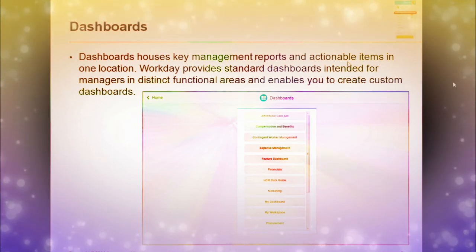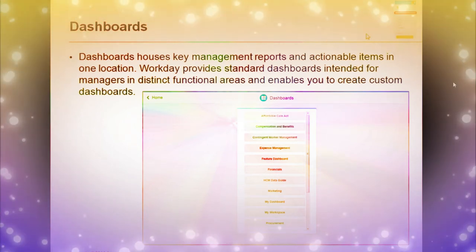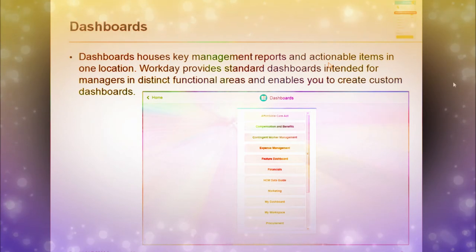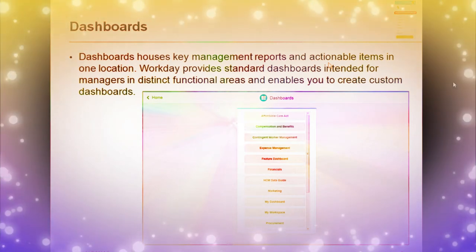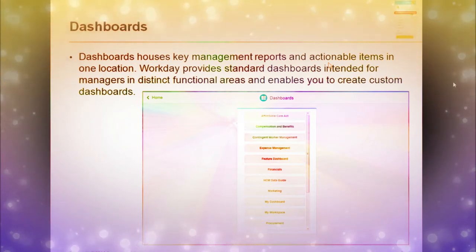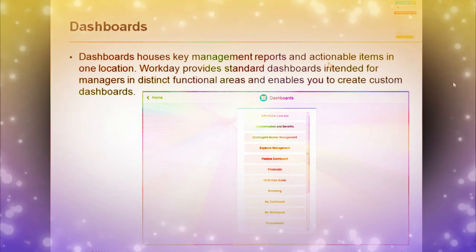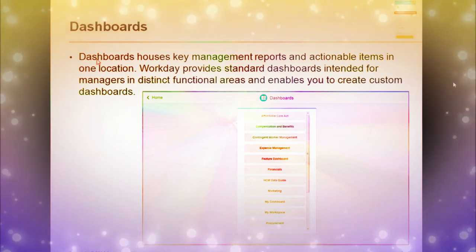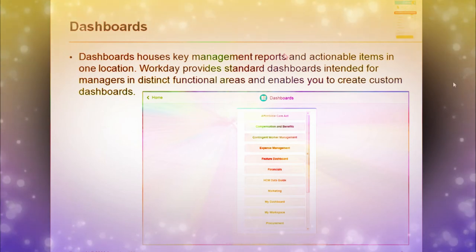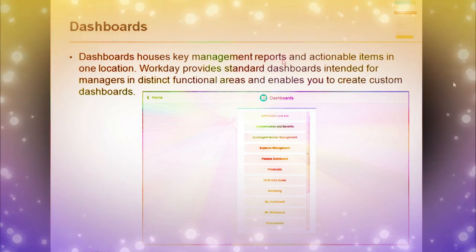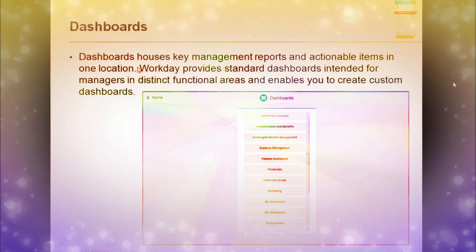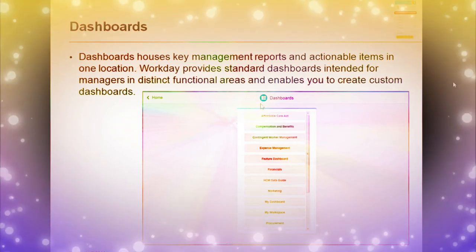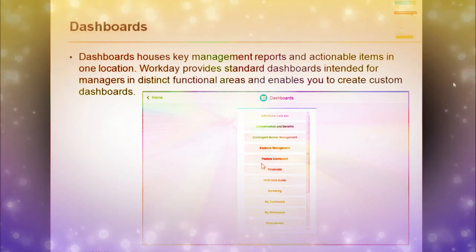That is one important piece of work. And the other one, irrespective of the department, is actionable items, the actions and tasks that we need to perform. So this dashboard has both of the most important things, the reports as well as the actionable items, in one location.